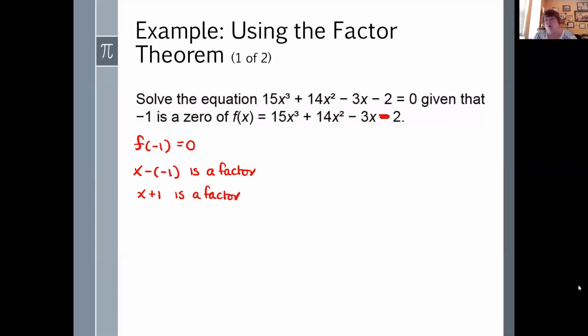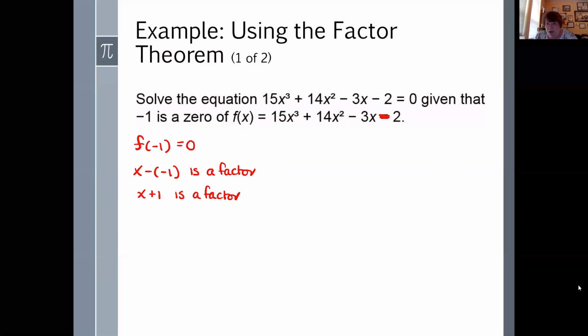Okay, so if I take the 15x to the third plus 14x squared minus 3x minus 2, and I divide it by x plus 1, it will divide evenly with a remainder of 0.